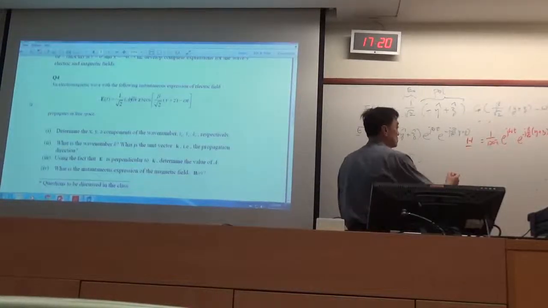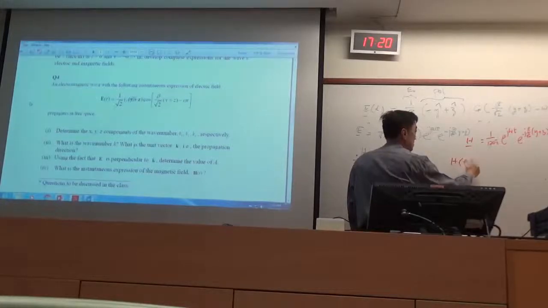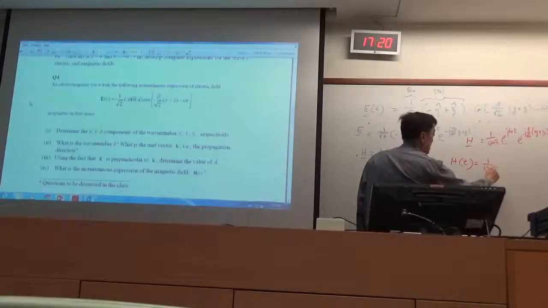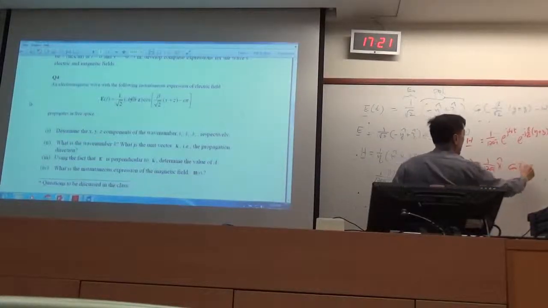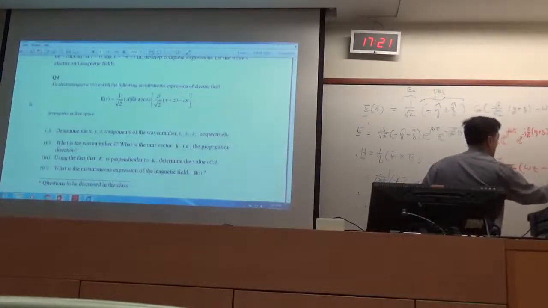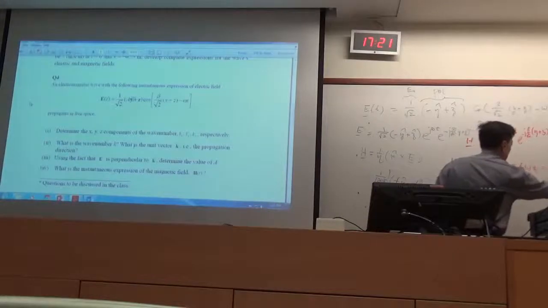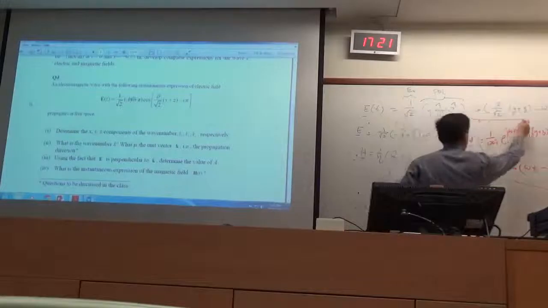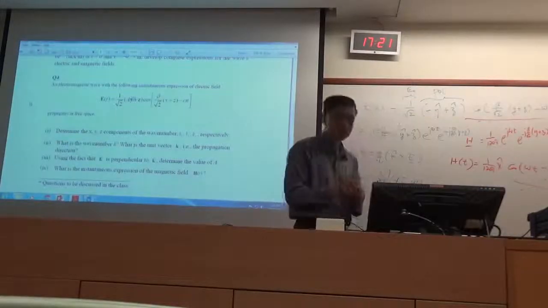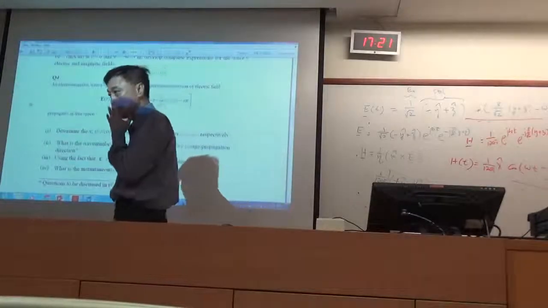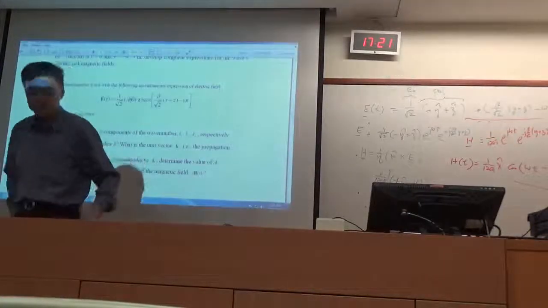So the instantaneous form of H basically becomes 1/(20 pi) x cosine(omega t minus beta over square root 2 (y plus z)). And again, one last check, this one and this one must be the same.